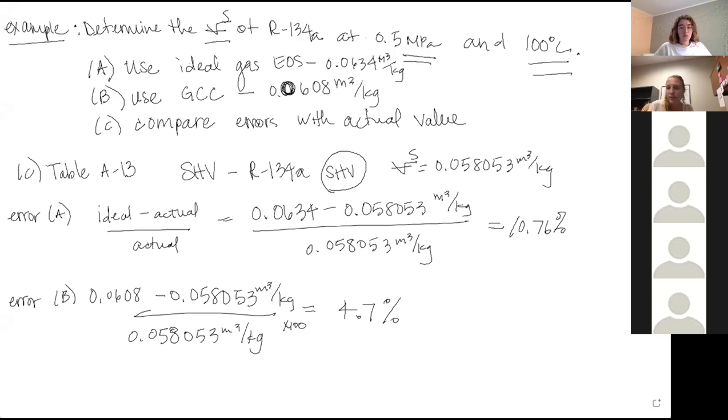All right, any questions about anything? Okay, so A, we use the ideal gas law, so I'm calling this our ideal equation. B, I'm calling our corrected equation. And C is our actual value that we looked up from an empirical table.